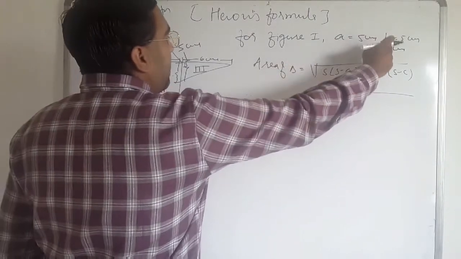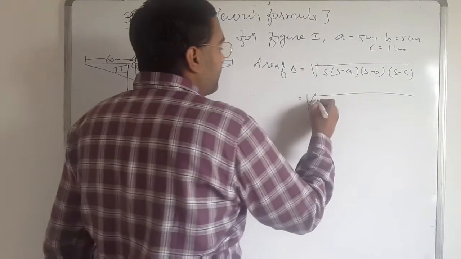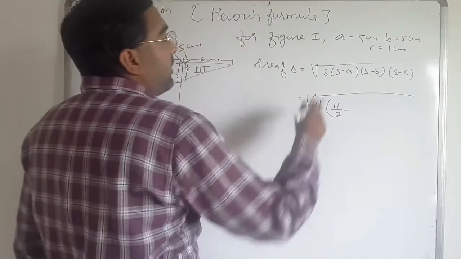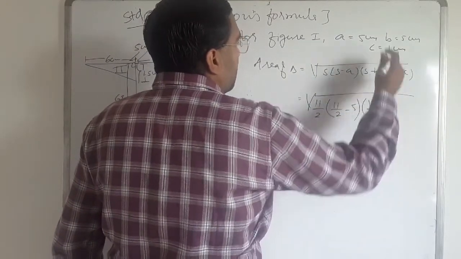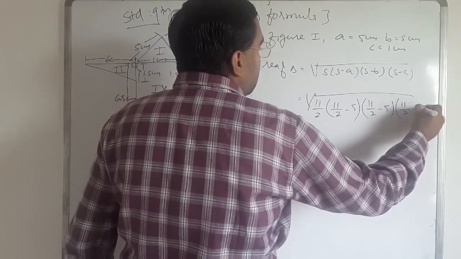So 5 plus 5 is 10, 10 plus 1 is 11. So my semi perimeter is 11 by 2. A is 5 centimeter, B is also 5 centimeter, and C is 1 centimeter.